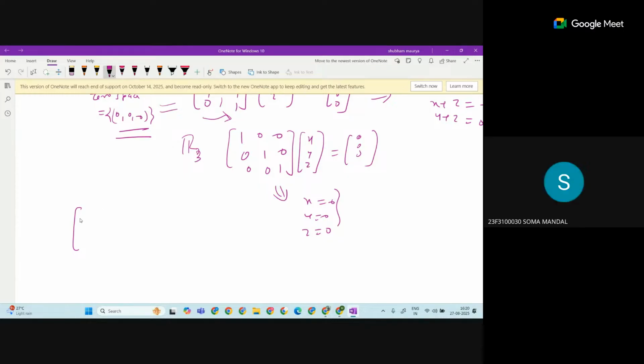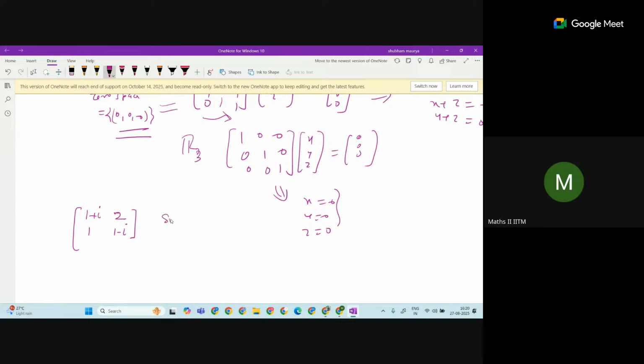It is 2 by 2. Column-wise, the first column is 1 plus i, 1, and the second column is 2, 1 minus i. We have to find the 4 fundamental spaces of A. Yes, sir.